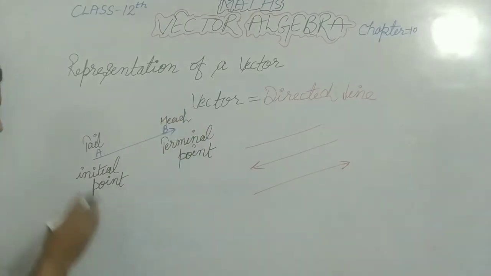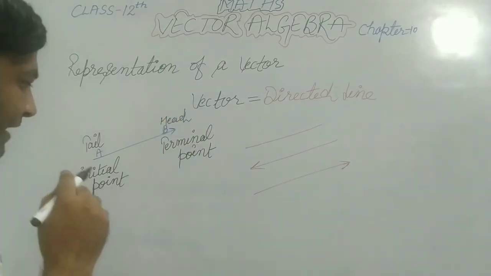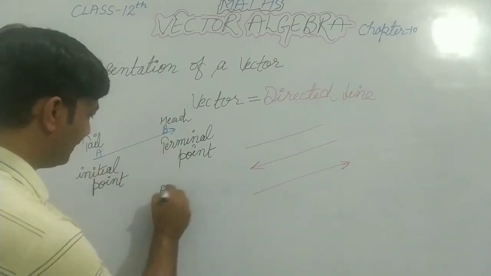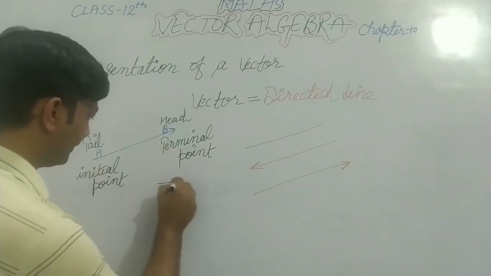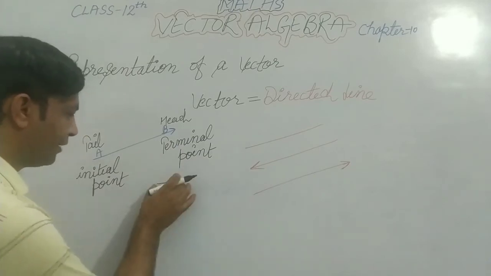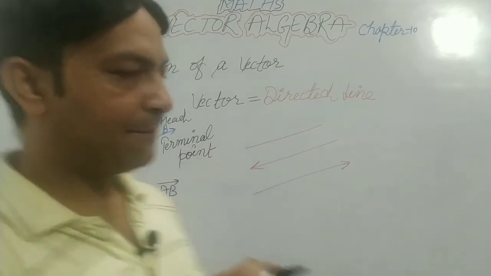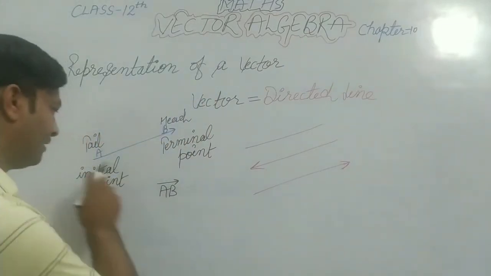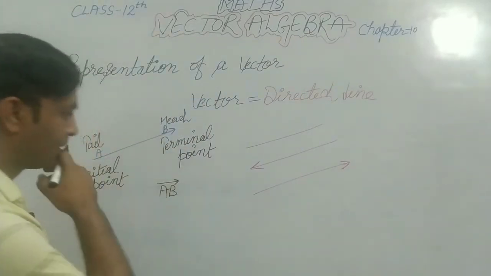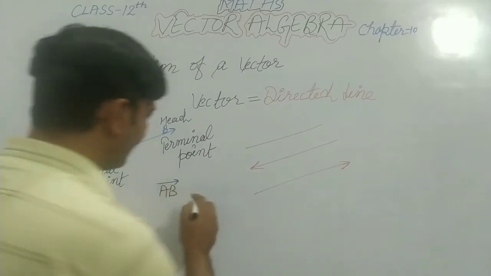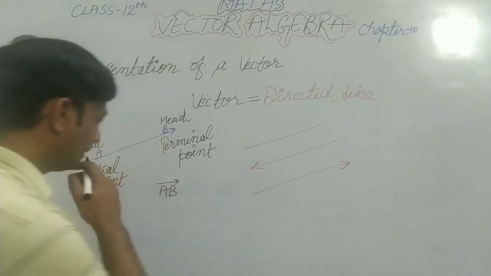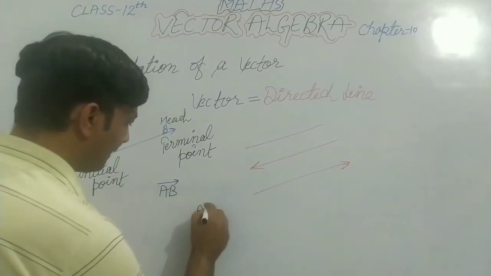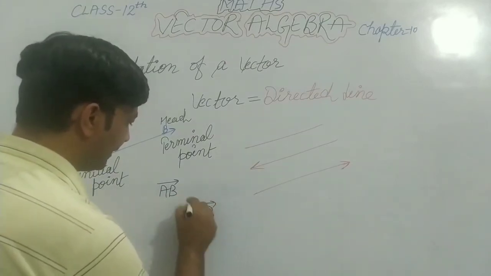So we can represent the vector from initial to terminal as the AB vector. This arrow notation represents AB as a vector, initial to terminal, tail to head. And if we write the magnitude of AB, we write the AB vector magnitude.